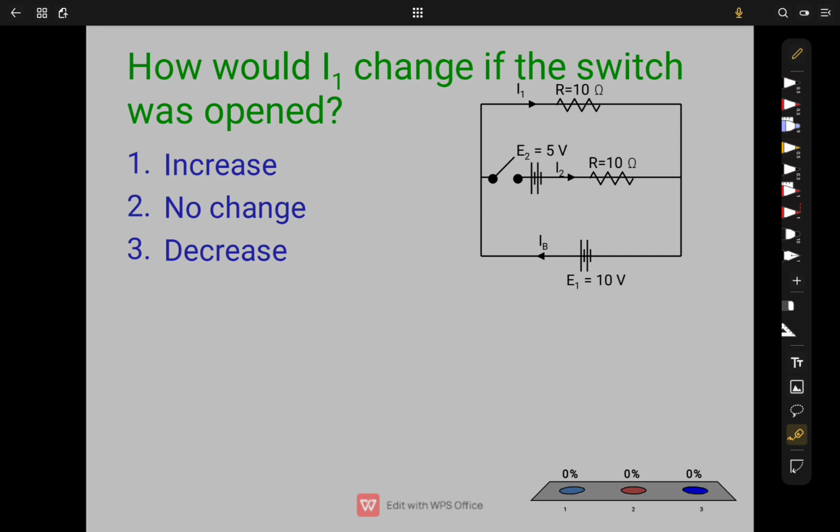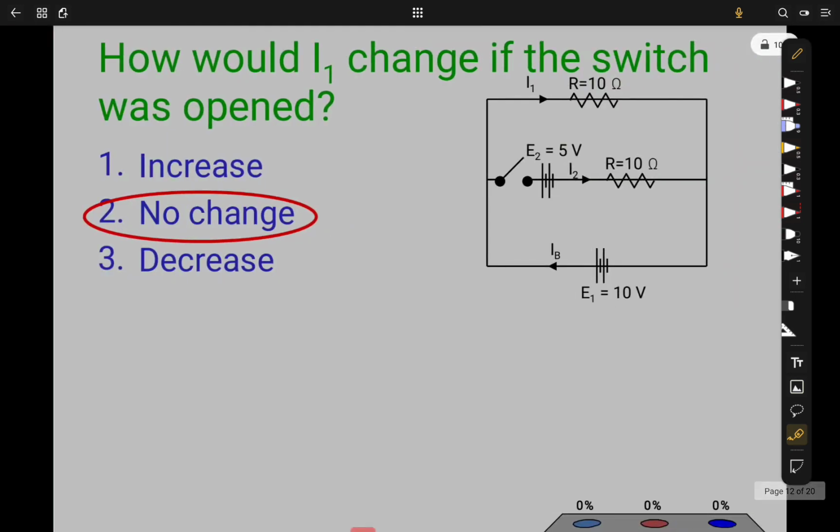Diba ang concept natin, kapag meron tayong switch and naka-open siya, wala tayong current flow. But kung papansinin natin yung ating connection from here, going here, still, closed circuit tayo. Therefore, masasabi natin that the I1 would not change.